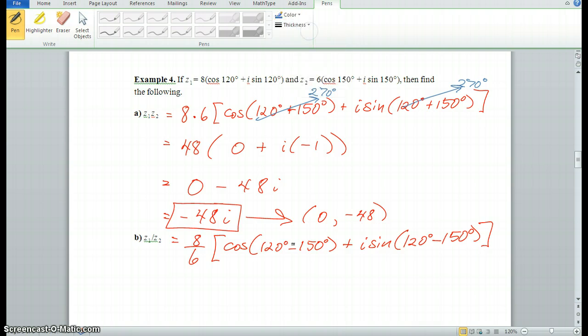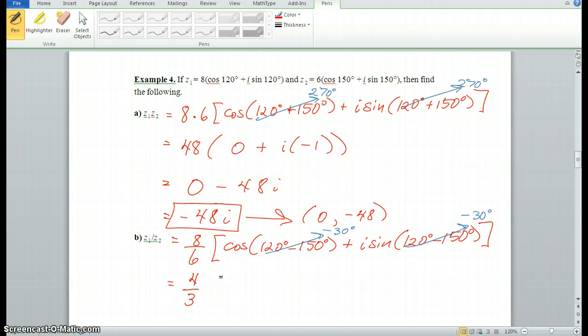We'll do the math on this right away, with 120 minus 150 being -30. And although that's a negative angle, it is a unit circle angle that we can calculate.